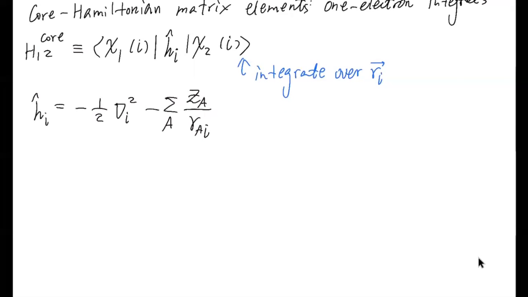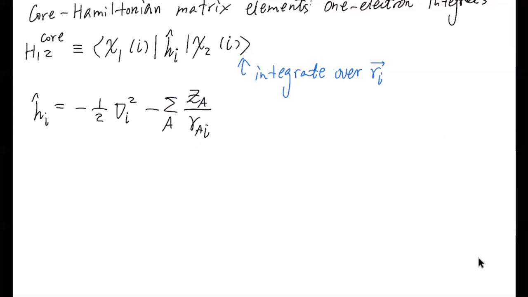So this is the attraction between the nuclei and this single electron, right? Suppose you have 5 nuclei in your system, then you have 5 terms in this summation, right? And of course, the attraction depends on the nuclear charge, right? Capital ZA is the nuclear charge of the nucleus A, right? And RAI here is the separation between this electron I and the nucleus A.